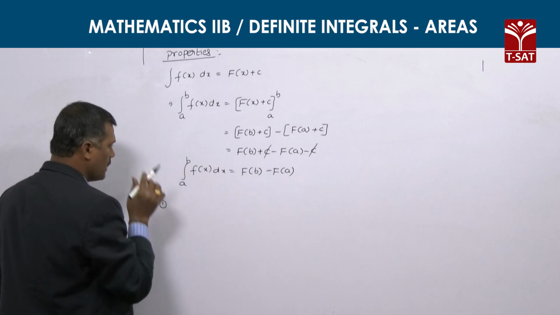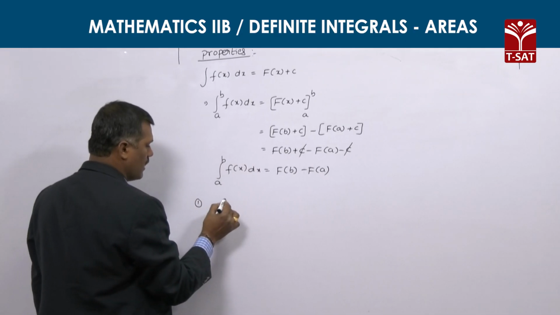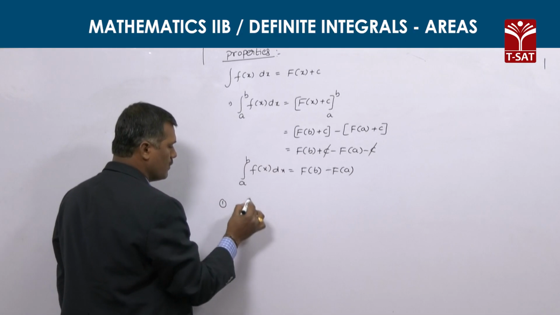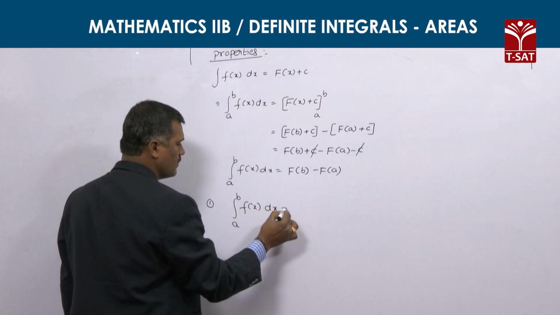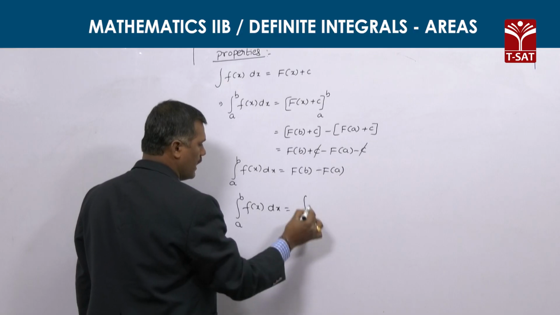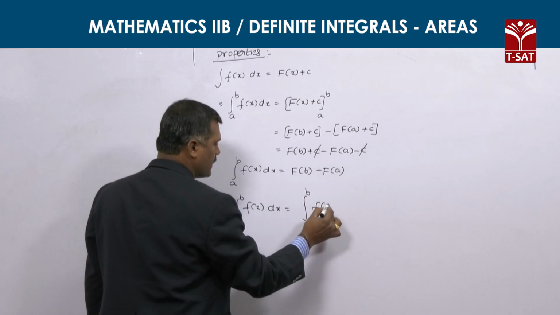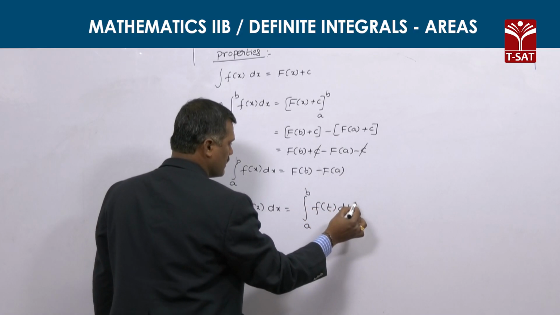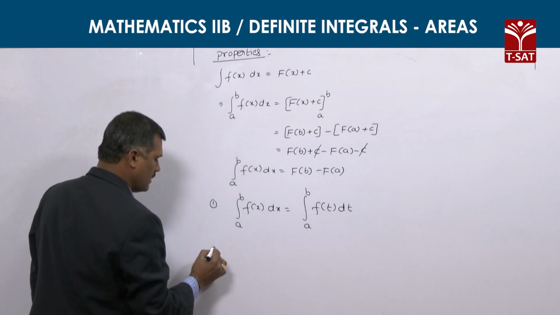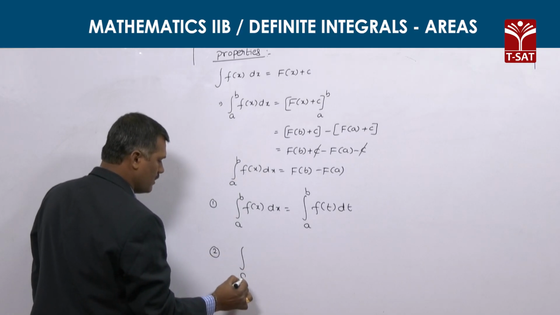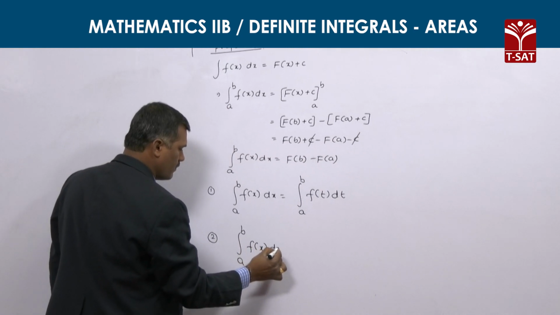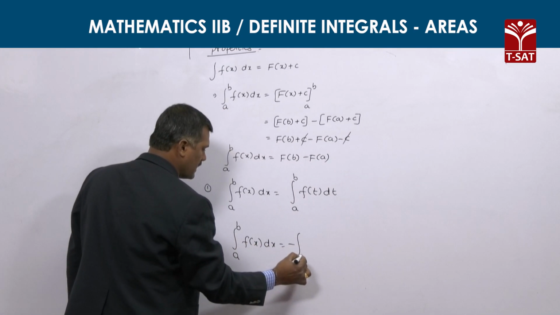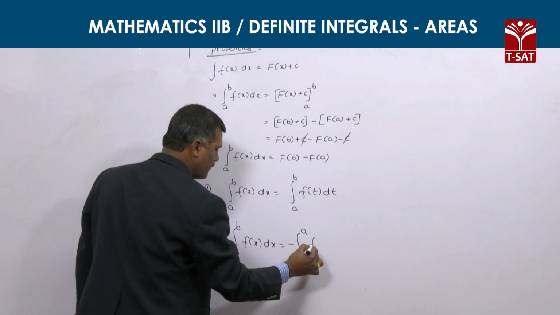First property: integral of a to b f of x dx is equal to integral of a to b f of t dt. Integral of a to b f of x dx is equal to minus integral b to a f of x dx.